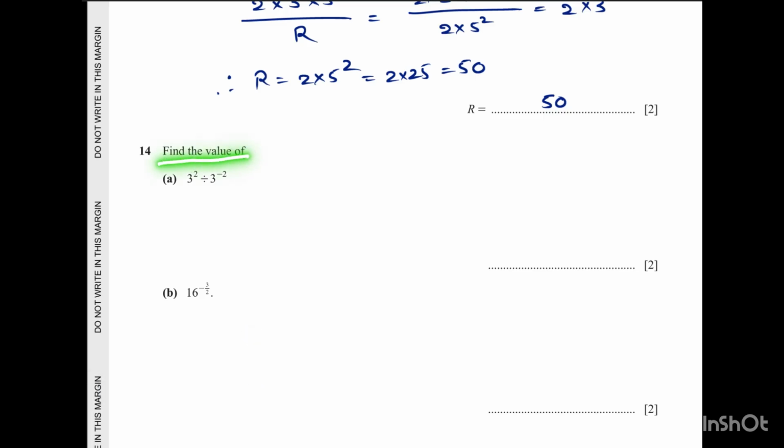Find the value of, question A, 3 square divided by 3 raised to minus 2. So 3 raised to 2 divided by 3 raised to minus 2.